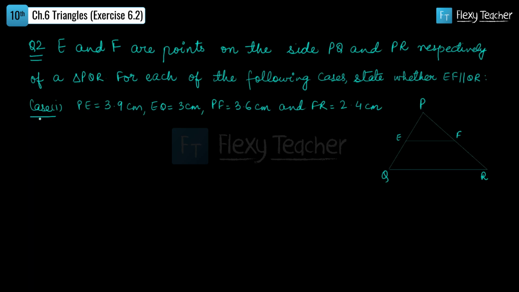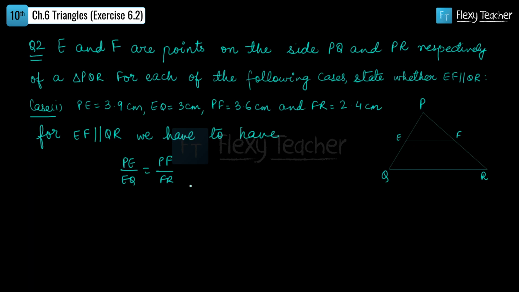So for EF to be parallel to QR, we have to have PE upon EQ equal to PF upon FR. If this condition is satisfied, in that case EF is parallel to QR.